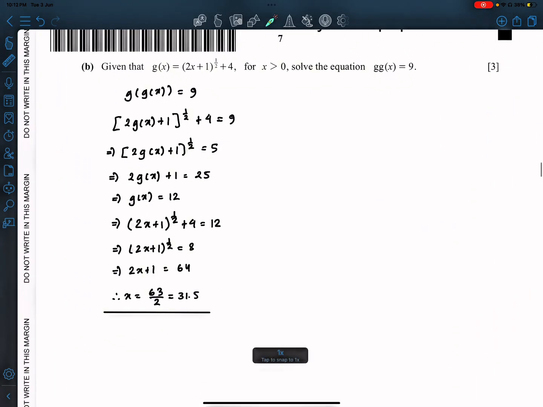Part B. Given that g of x equals 2x plus 1 to the half plus 4 for x greater than 0, solve the equation g g of x equals 9. So g g of x equals 9 basically means g of x is input into g of x again, and that's all equal to 9.